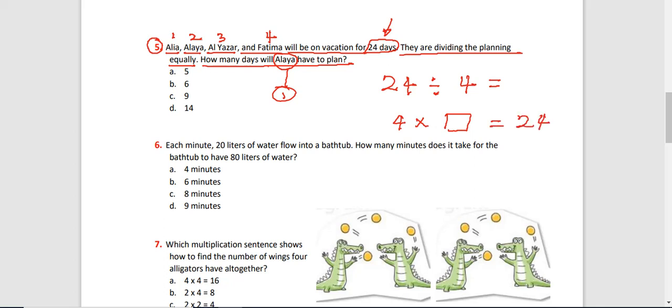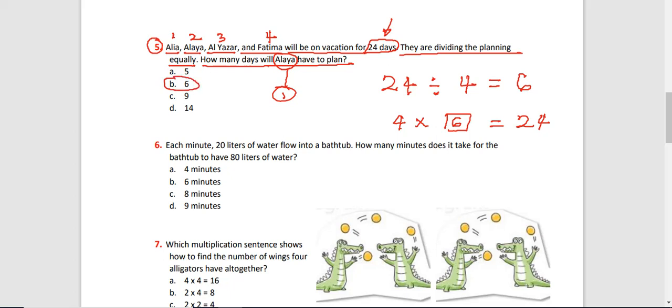According to your times table, that's going to be 6. 4 times 6 is 24. That means 24 divided by 4 is 6. So if they are dividing the planning equally, Alia will take 6 days, Alaya 6 days, Aliazar 6 days, and Fatima 6 days.